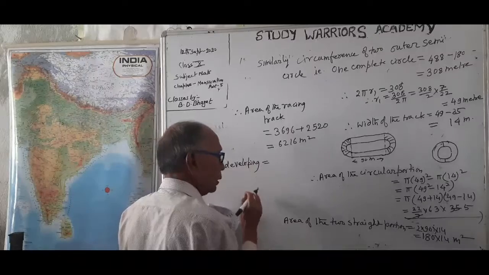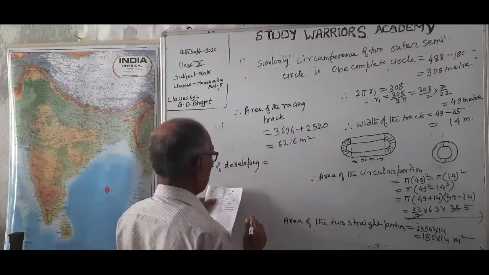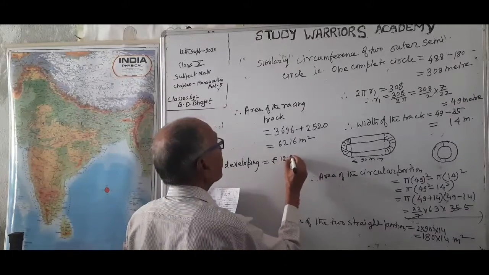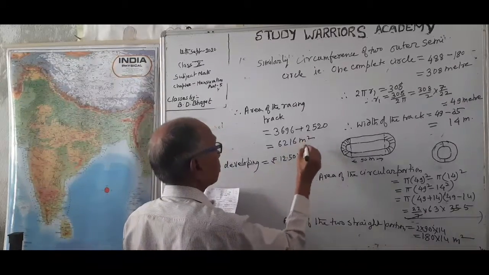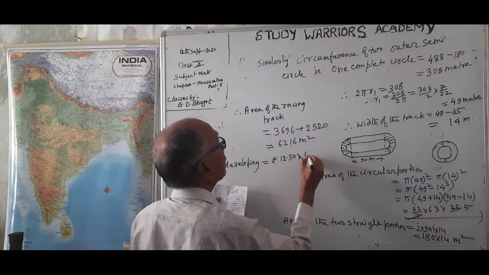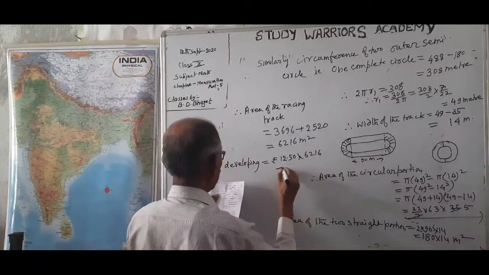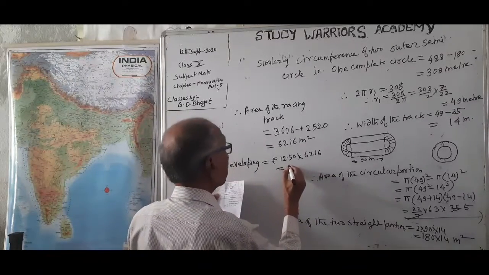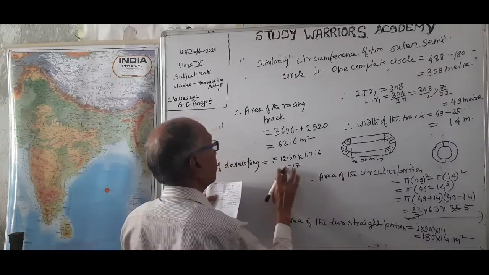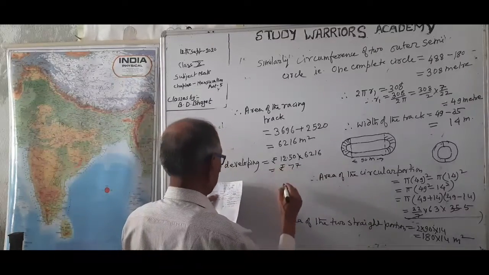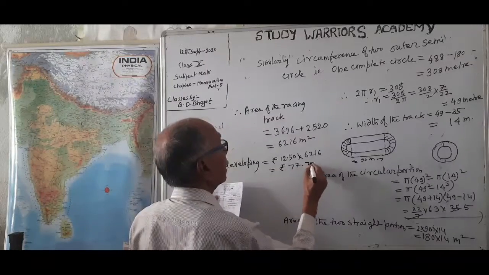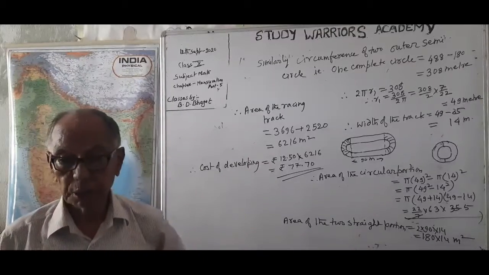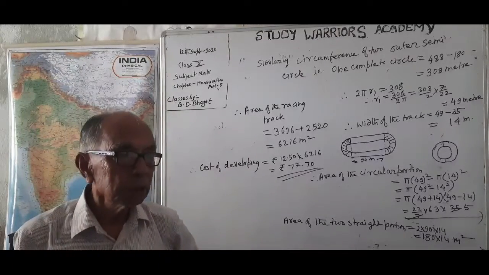So for 1 meter square the developing cost is 12.50, but there are this many square meters, so we multiply 6216, it will be equal to, I have done my calculation, rupees 77,700. So this will be the answer.